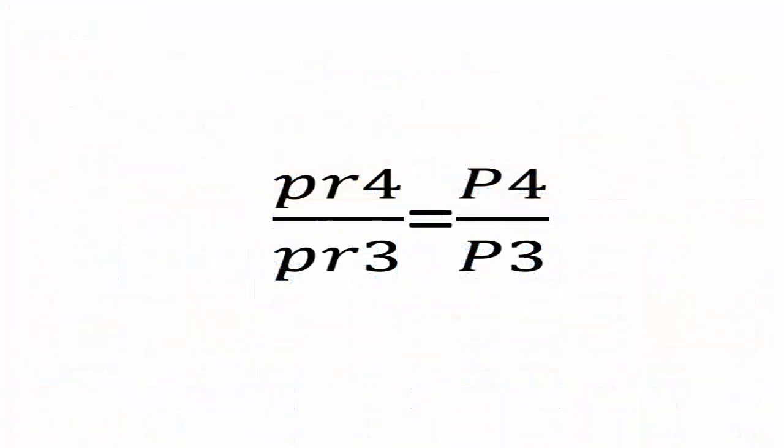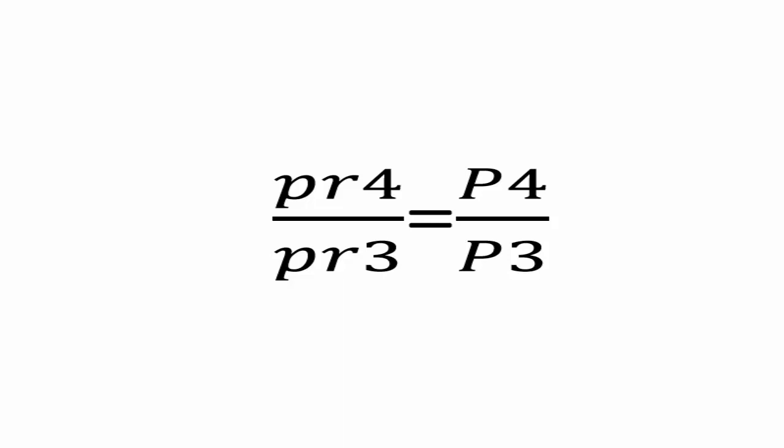Now we will calculate the enthalpy of stage 4. It will be the same as we calculated the enthalpy of stage 2. Again we will use this, that is PR4 by PR3 is equal to P4 by P3.